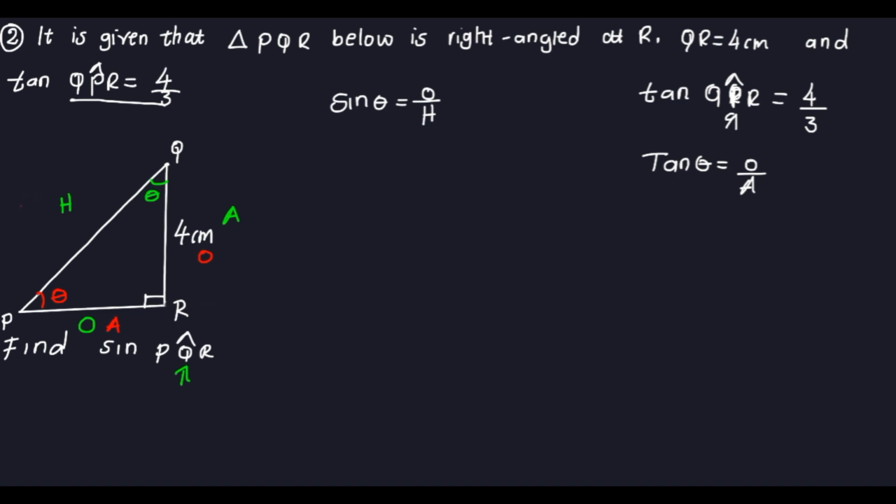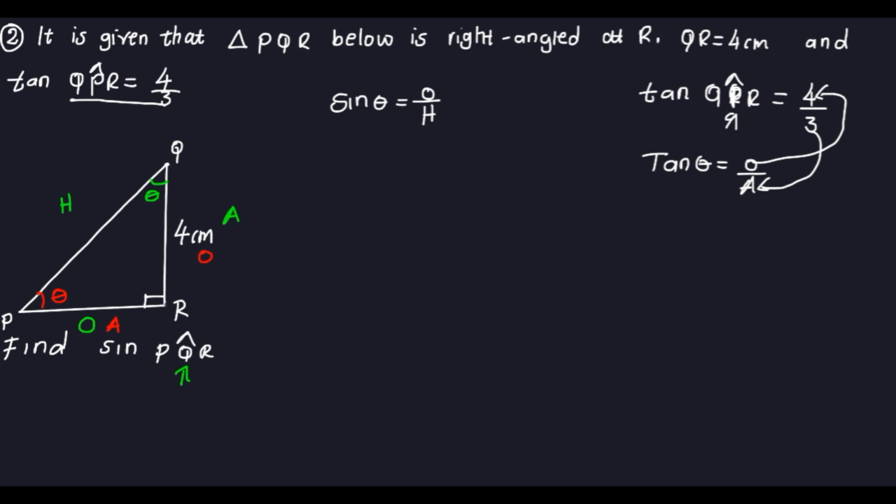So what was the importance of tan 4 over 3? The importance of tan 4 over 3 will help us to find the two distances that are needed for us to find sine PQR. So let's go back to tan. So tan theta is equal to opposite over adjacent. So what this means is the numerator, this number represents the opposite, then this one represents the adjacent.